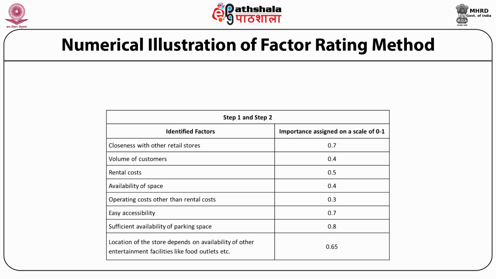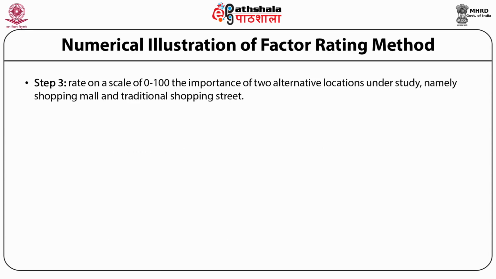After assigning such weights to each factor from 0 to 1, consumers are then asked to rate on a scale of 0 to 100 the importance of the two alternative locations under study, namely shopping mall and traditional shopping street. The responses have been shown in the following table.